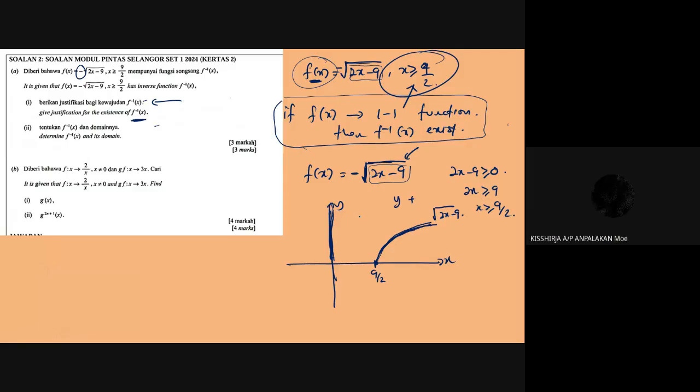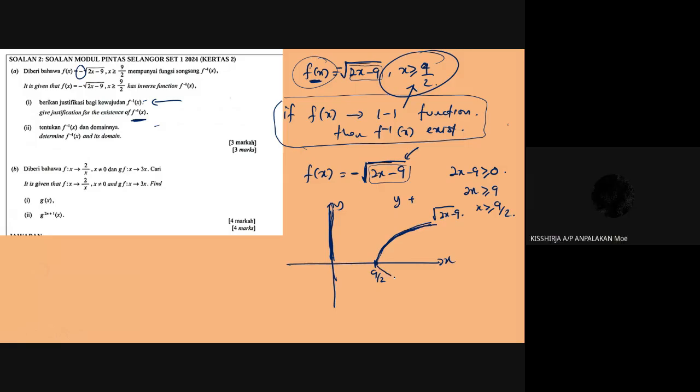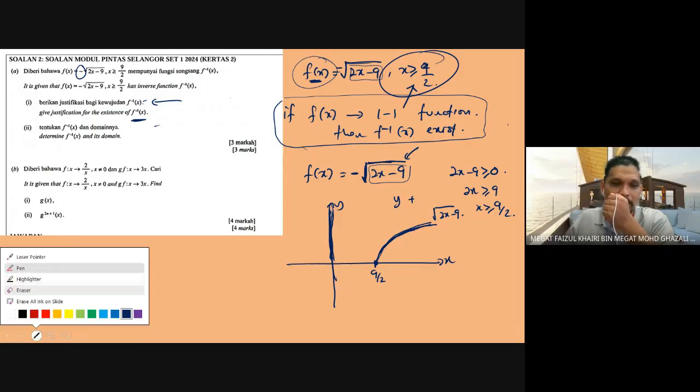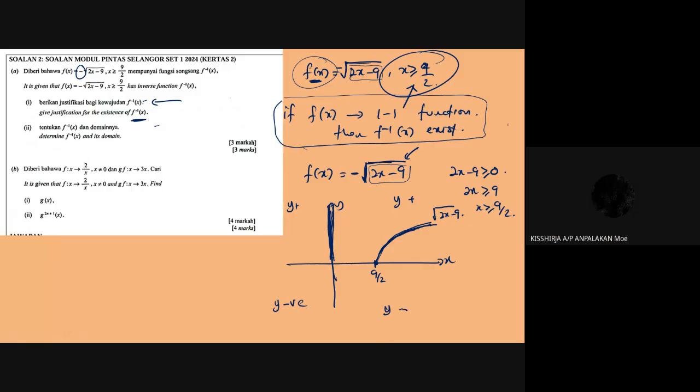Where is y negative? When x is negative, y is negative. In the first quadrant, y is positive. In the second quadrant, y is also positive. In the third quadrant, y is already negative, and also in the fourth quadrant, y is negative.